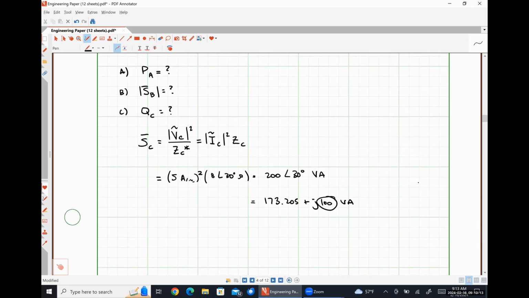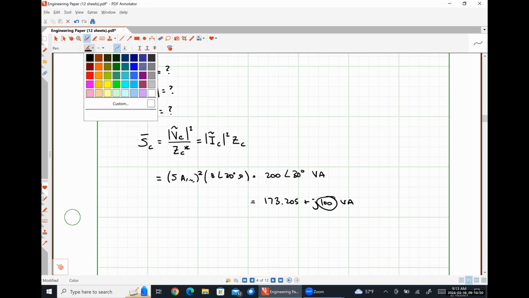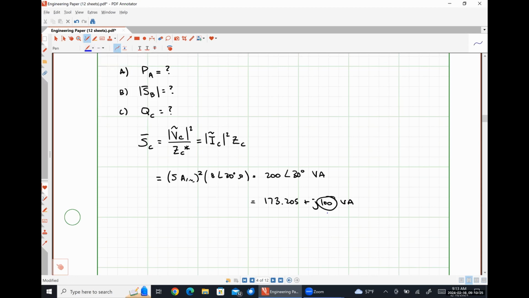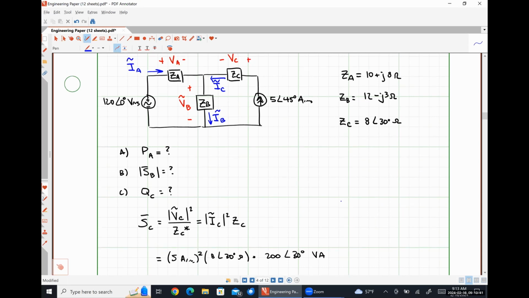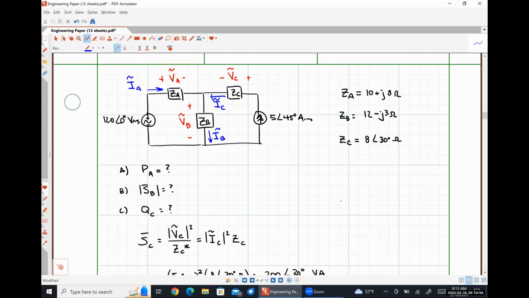And then we give it units of VARs because we're specifically looking for the reactive power. All right. One down, two to go. So what do you guys think we should focus on next?